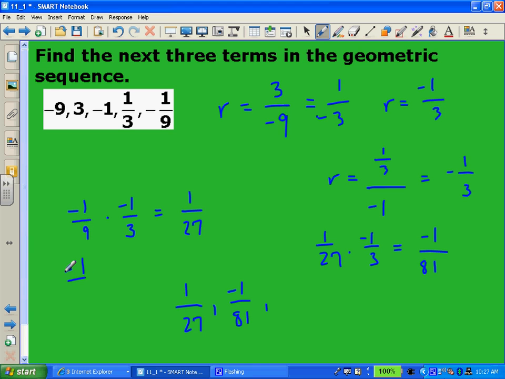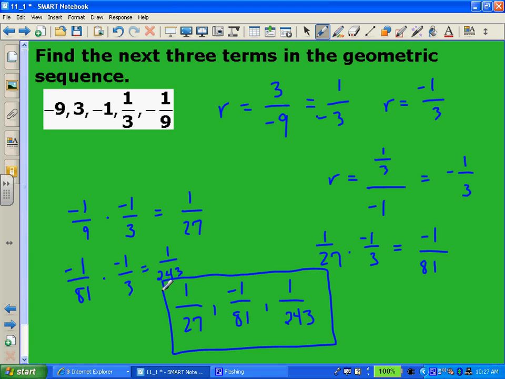And then I have to do -1/81 times -1/3. And that's going to give me positive 243, I believe. So my next term would be 1/243. Okay, so sometimes you will be multiplying by fractions.